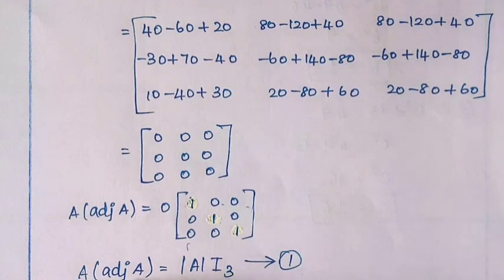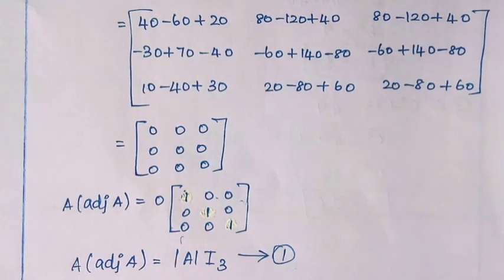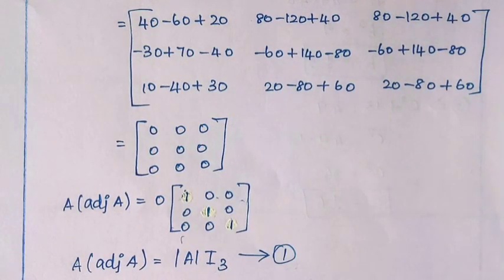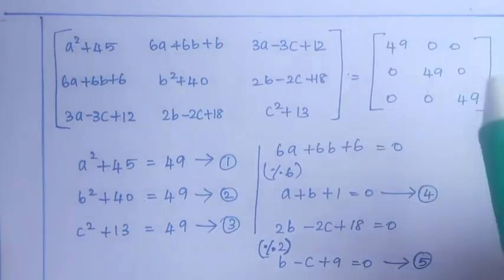So A adjoint A is equal to A modulus into I3 gives 1.